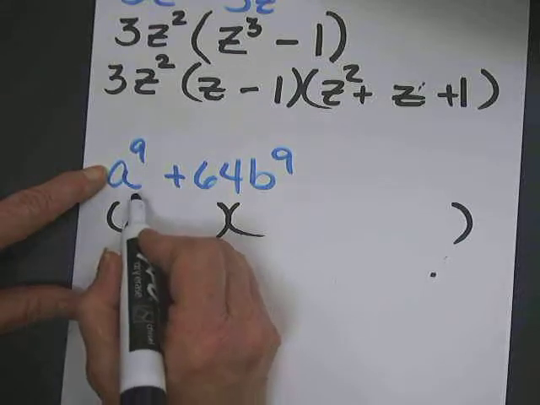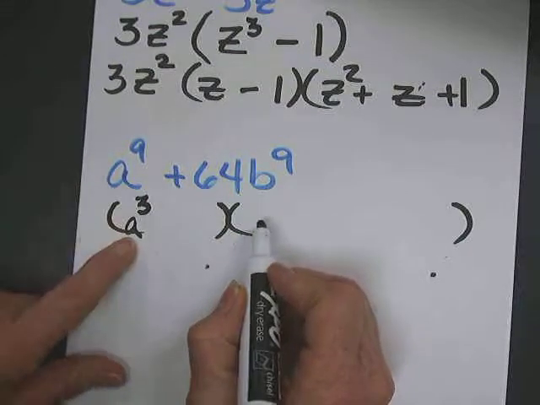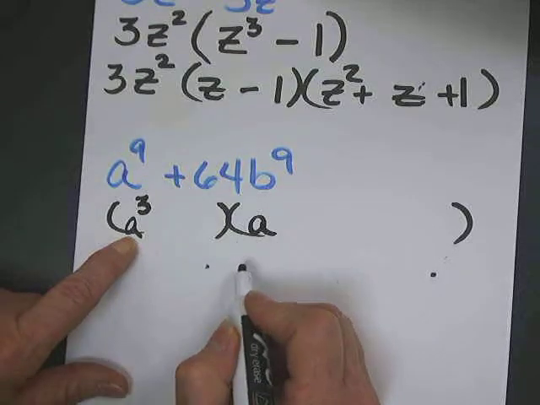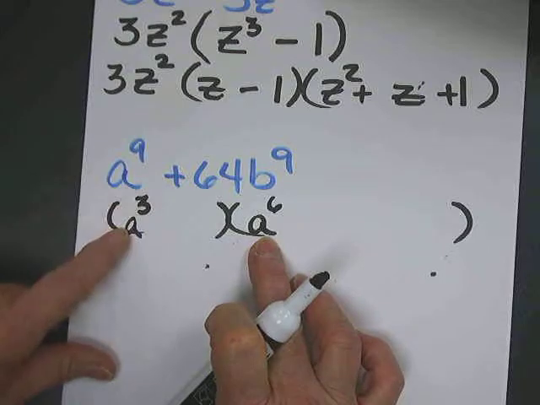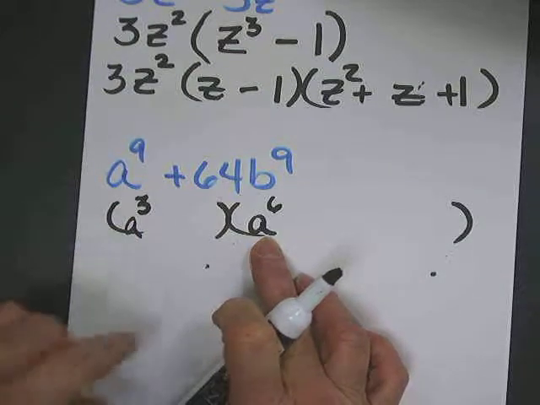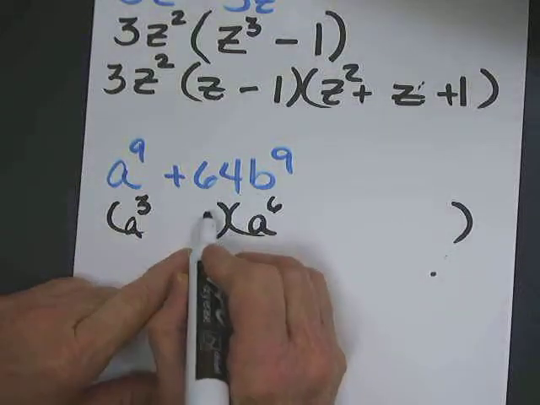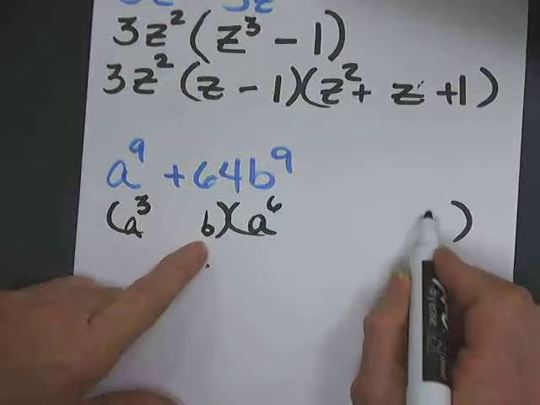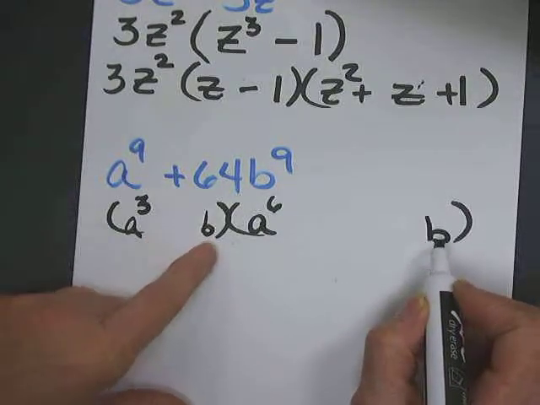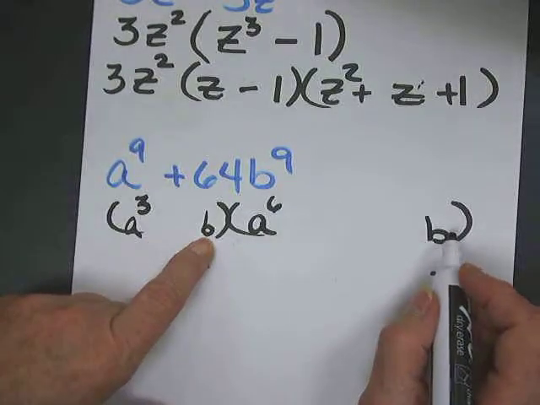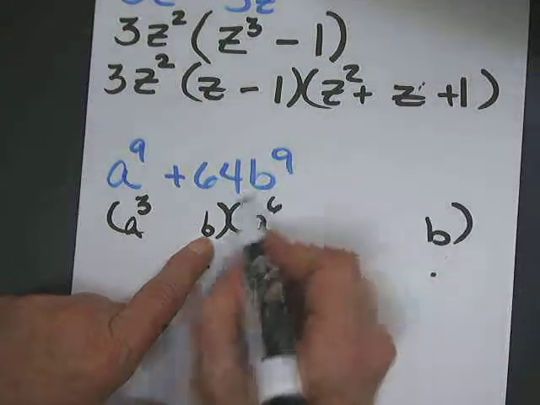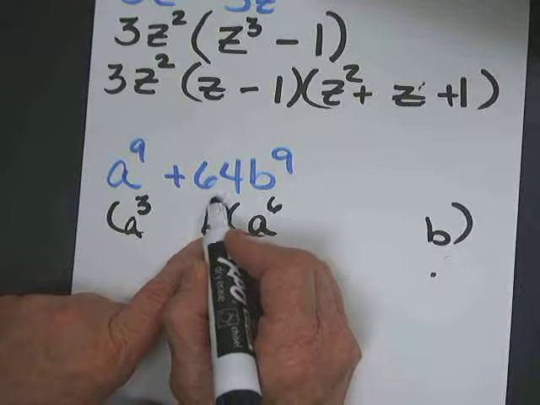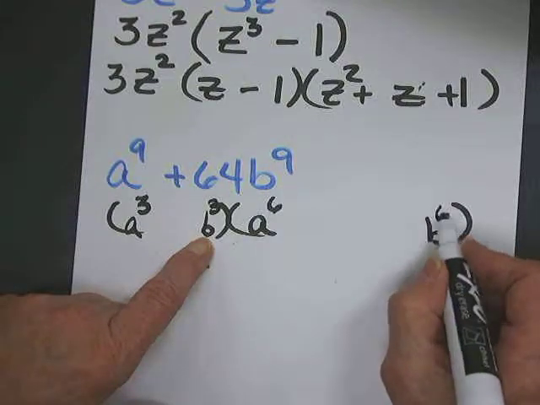Opposite? Positive. Positive. What's our middle term? 1z. 1 times z. We just need to put z. We don't have to put the 1. And one more. Do we have anything in common? Nothing, no common factors. Okay.